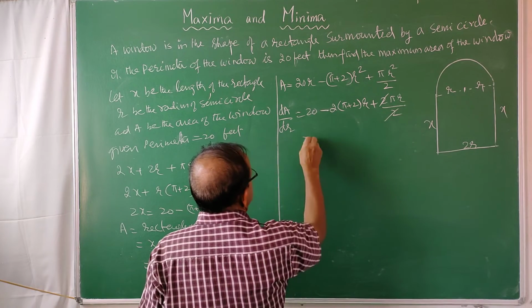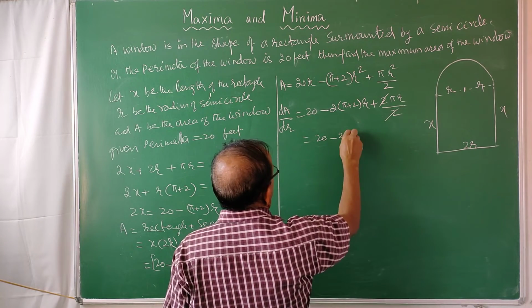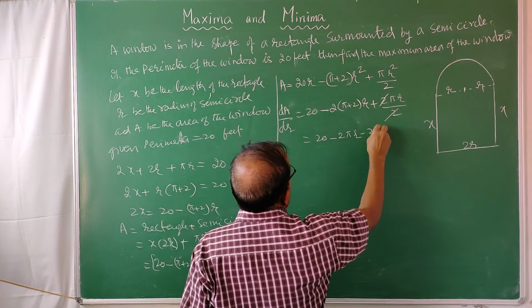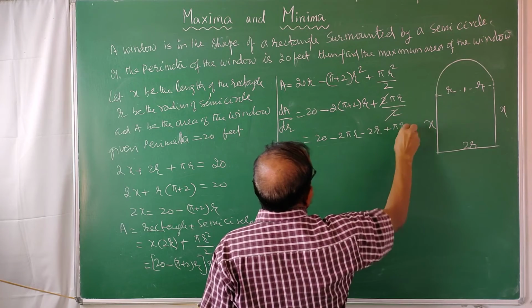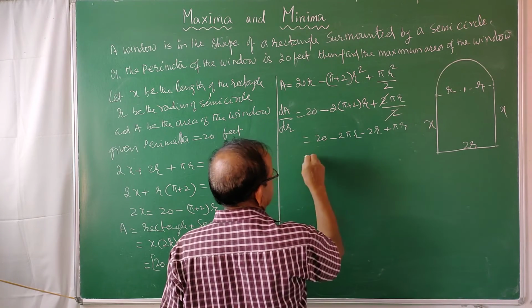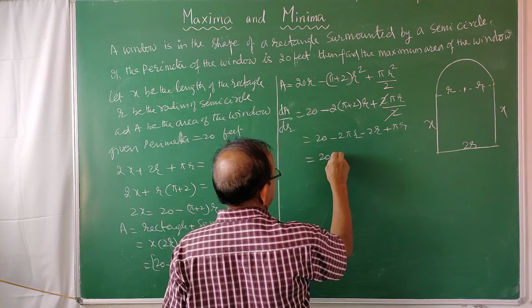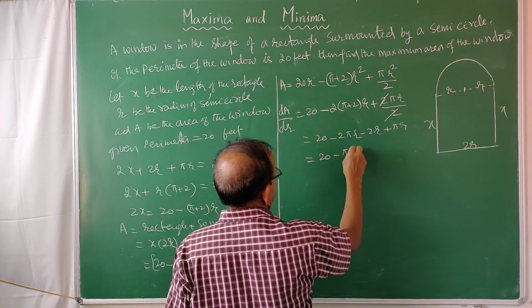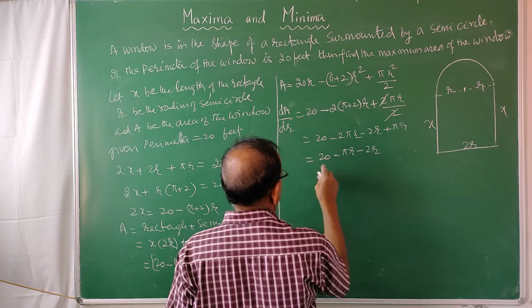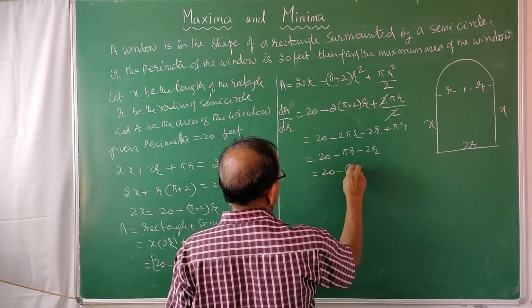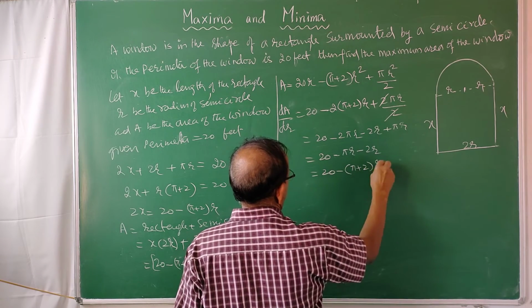So this is 20 minus 2 pi r minus 2r plus pi r. Plus pi r minus 2 pi r, that is minus pi r. 20 minus pi r minus 2r. So that is 20 minus pi plus 2 into r.